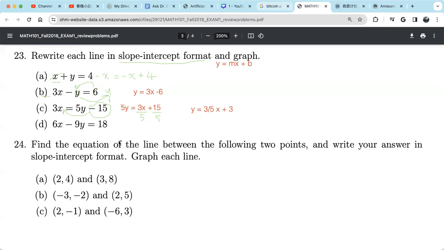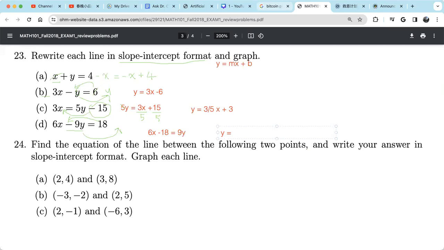Let's see, the last one. We do something similar. So negative 9y, let's move to the right. So we move 18 to the left. When we do that, we get 6x minus 18 equals 9y. Then we divide by 9 on both sides. So 9y divided by 9 is 1y.